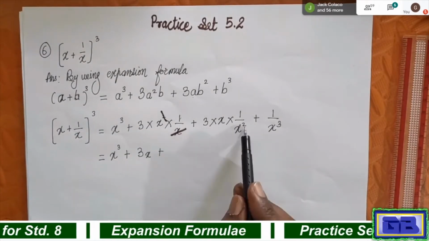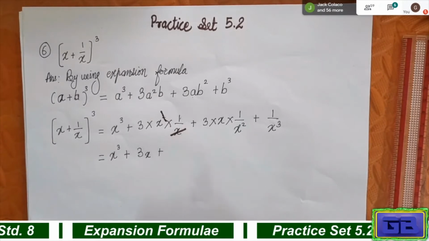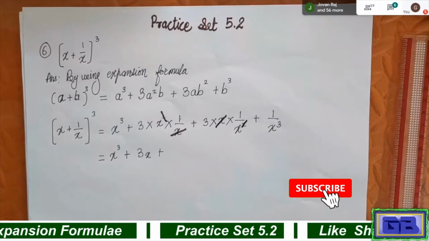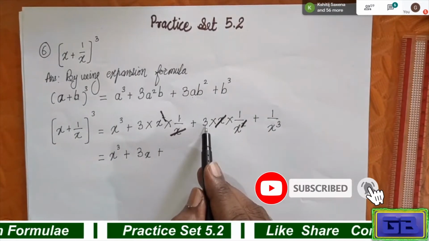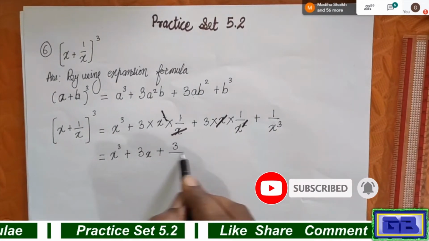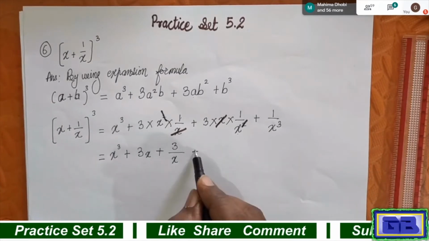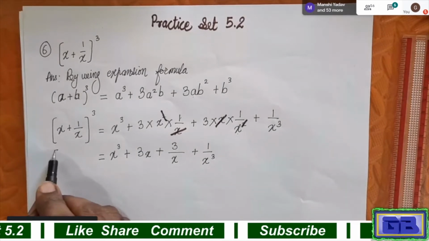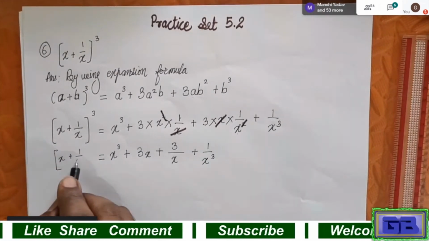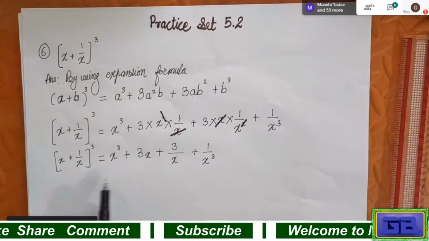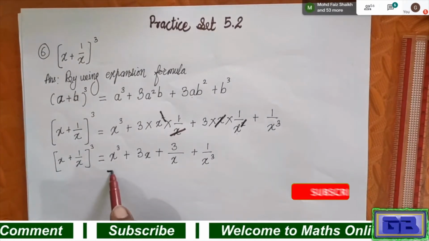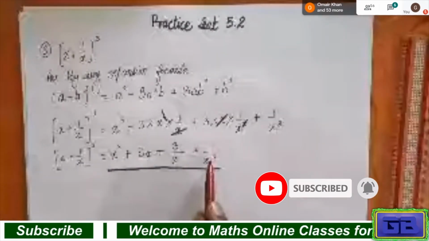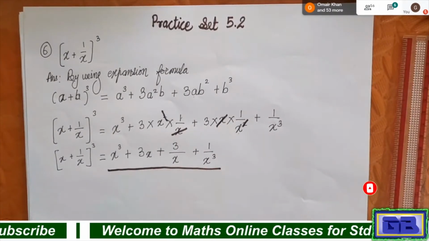Similarly from here x square is there, here x is there, we have to reduce this x and one x from here. So at the place of numerator 3 and at the place of denominator x will remain, plus last term as it is. We have to write the question again down. (x + 1/x) whole cube equals, this is your final answer, x cube plus 3x plus 3 upon x plus 1 upon x cube.